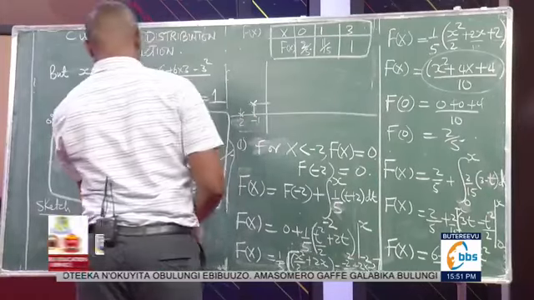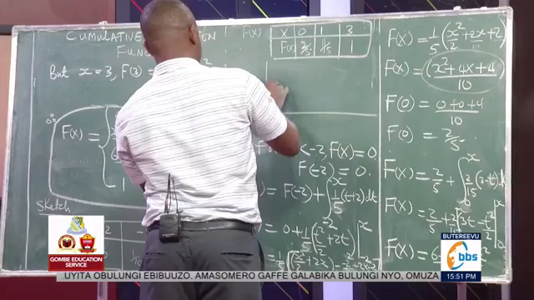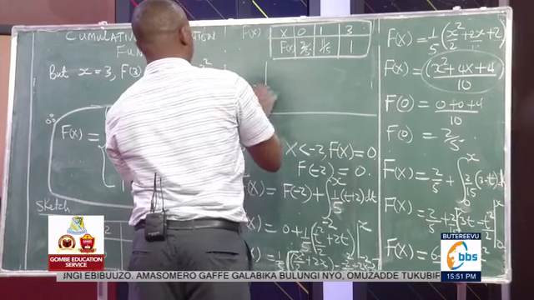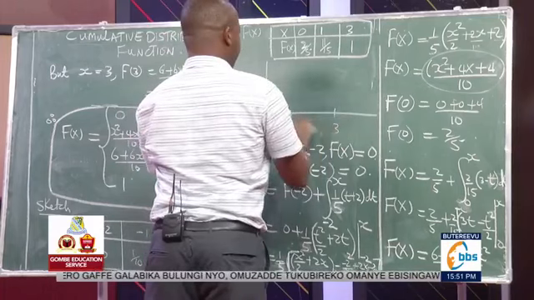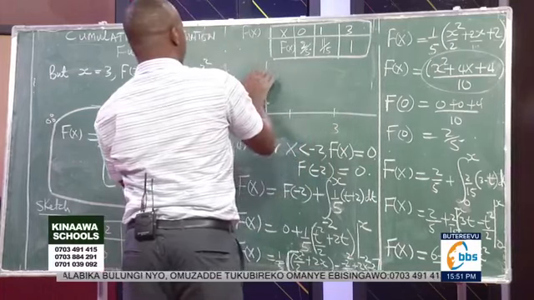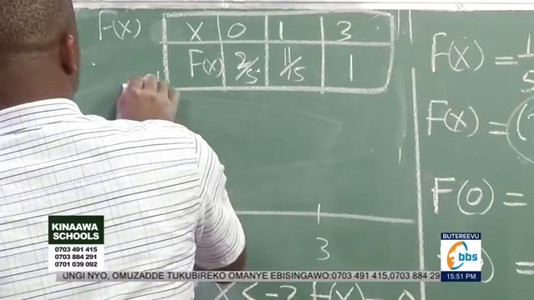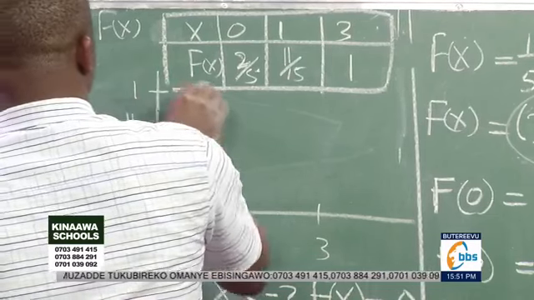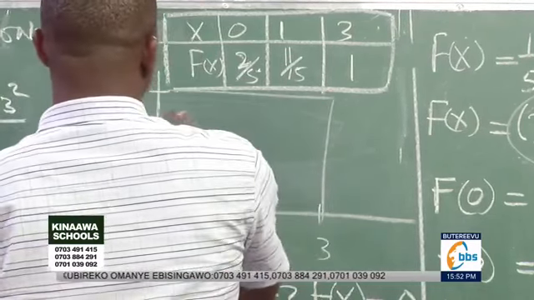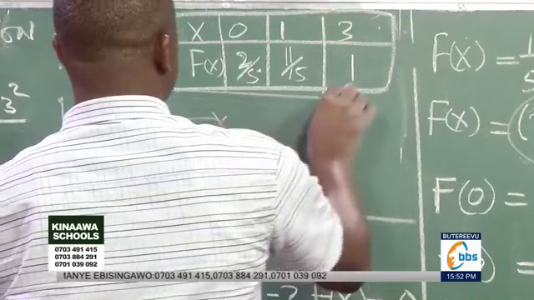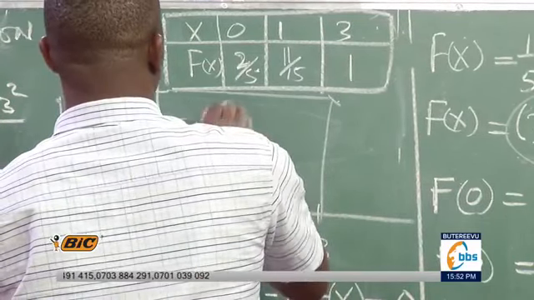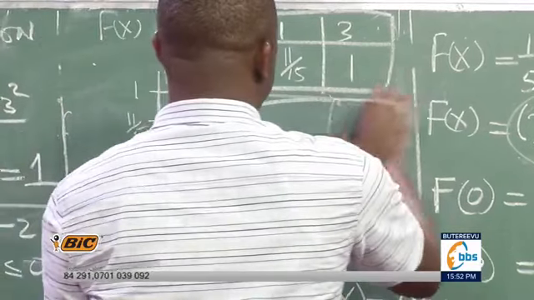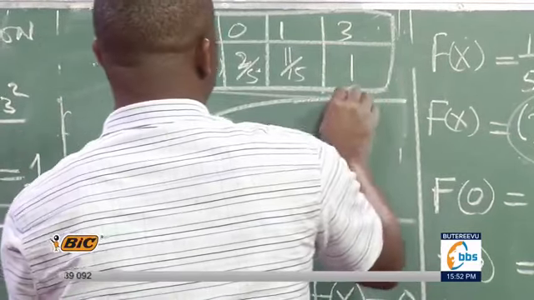And then it will move to 0, 2 out of 5, somewhere here. And then it will move to 1, 11 out of 15, and then 3, 1. So you'll find that you will get a sketch of this nature, and when it reaches here, it will stop rising.